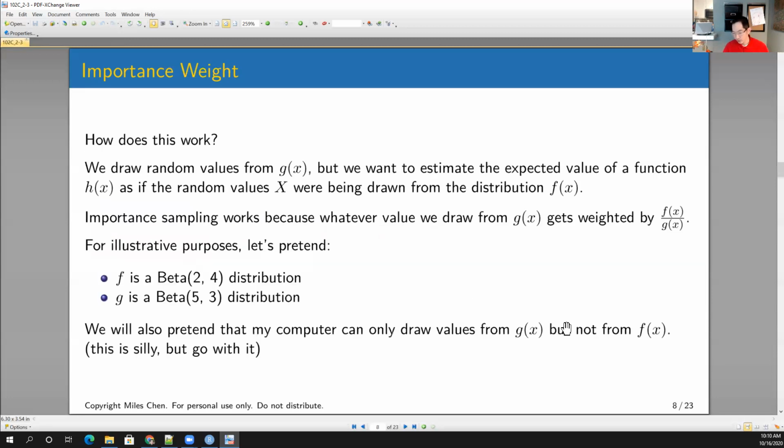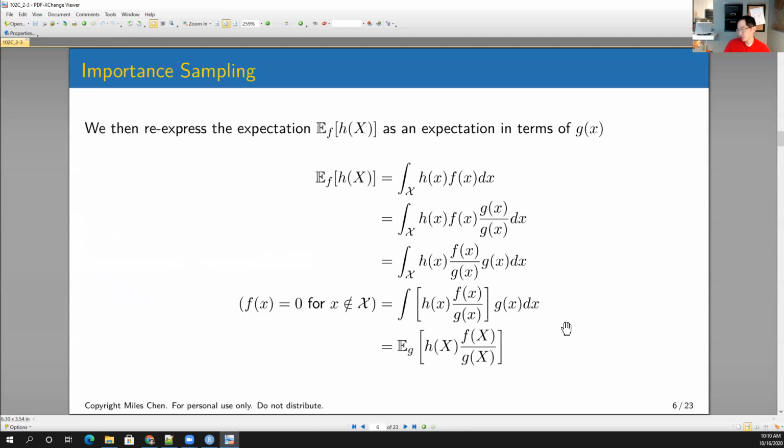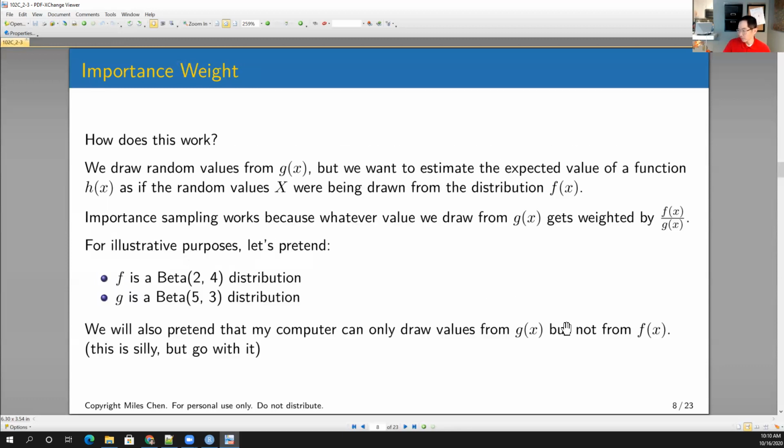All right, so it looks fine like this, but if you sit and think about it, it's a little bit crazy, or to me it feels mind-blowing, that we can estimate the value of a function as if it were applied to a different random variable, even though I'm only able to generate values from a different distribution, right?